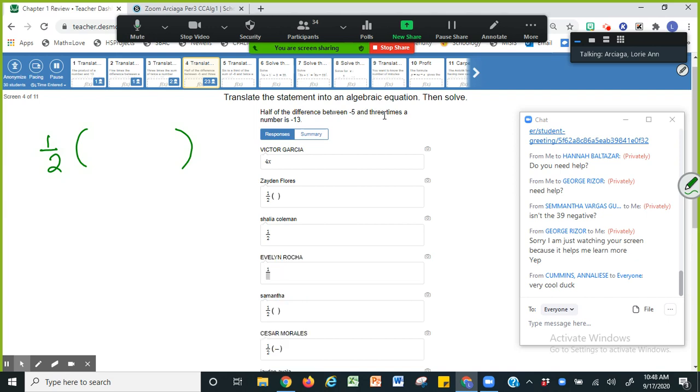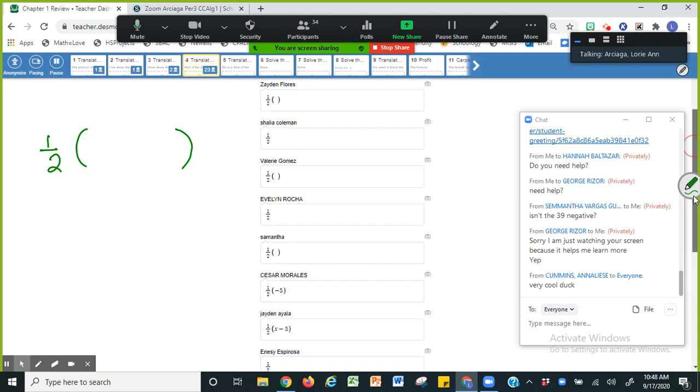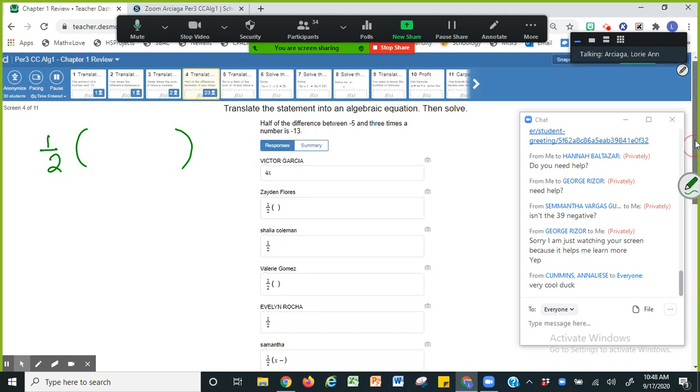And then it says 3 times a number. So you're getting the difference of -5 and 3 times a number. Okay, so -5, and then the difference means minus. And if you're not sure what comes first, I strongly suggest you follow the order in which they are written in the sentence.